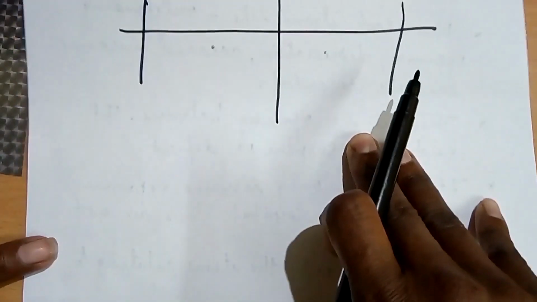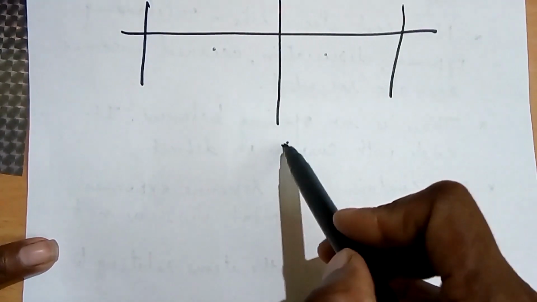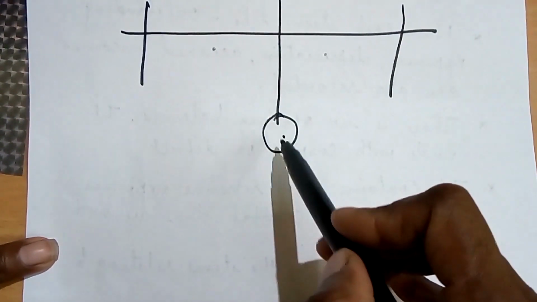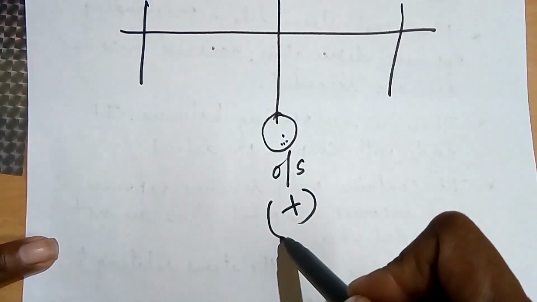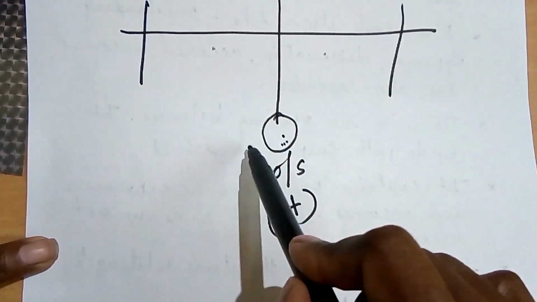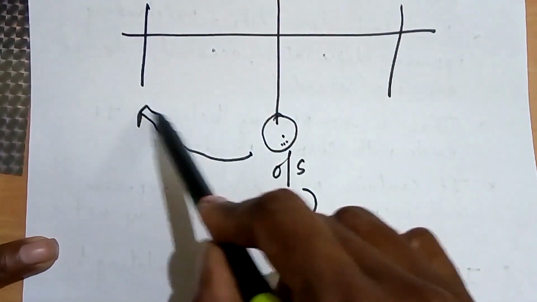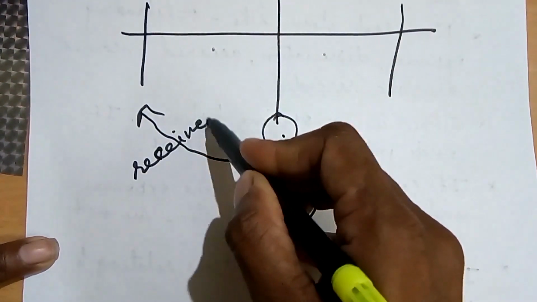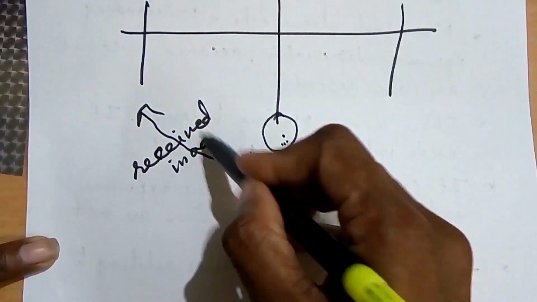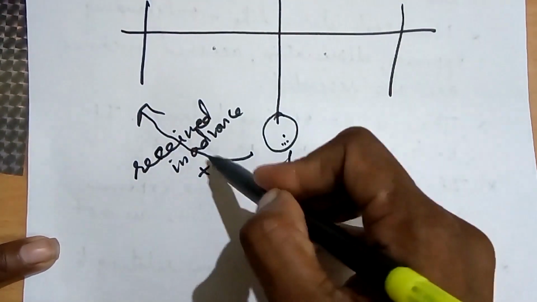Then sometimes the amount of this particular year is outstanding. Then what you have to do is add. Sometimes the amount which belongs to this year, you receive it in advance. So what should you do? You should add.